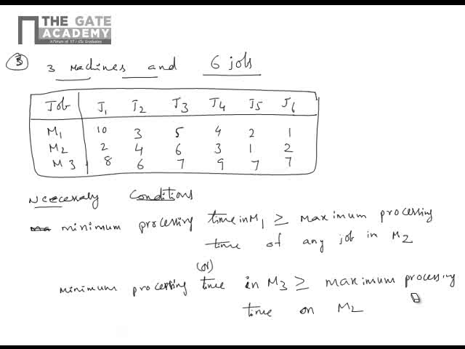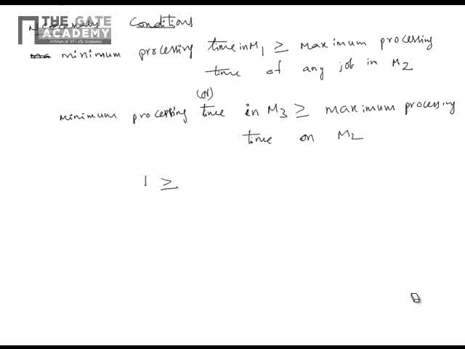So the minimum processing time on machine 1 is 1, which is greater than or equal to the maximum processing time on machine 2, which is 6.